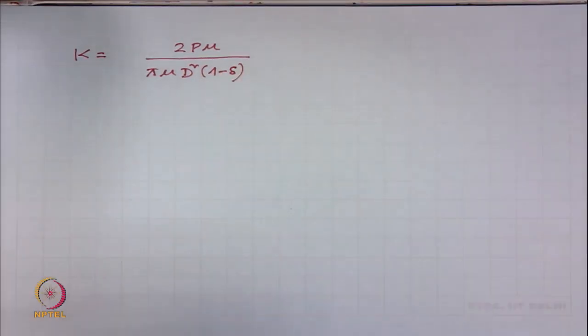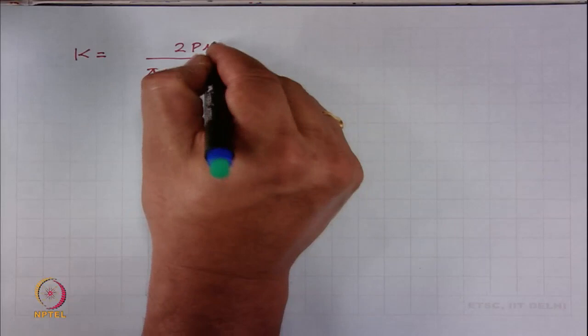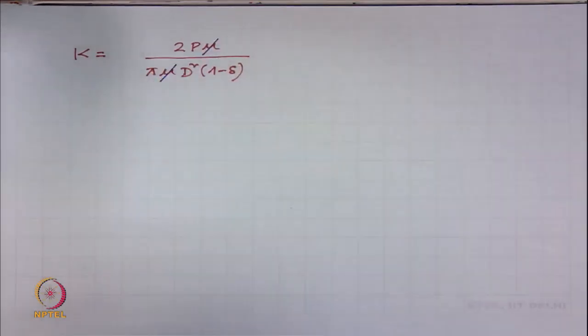Now, this mu cancels out. And where is Z?